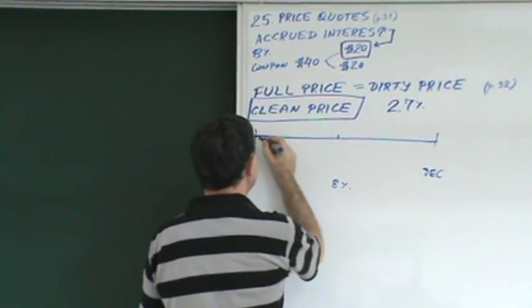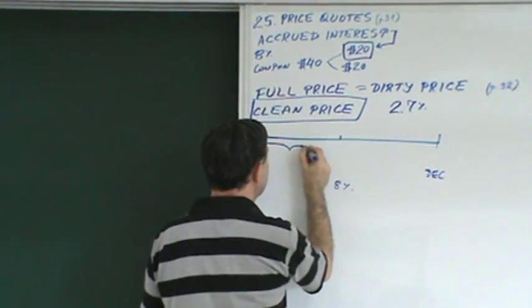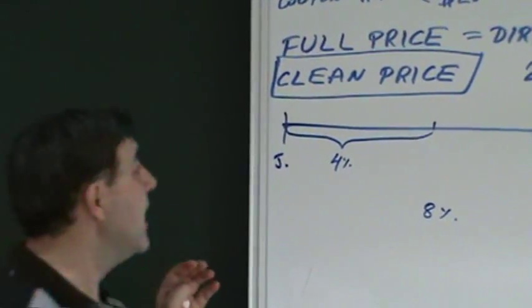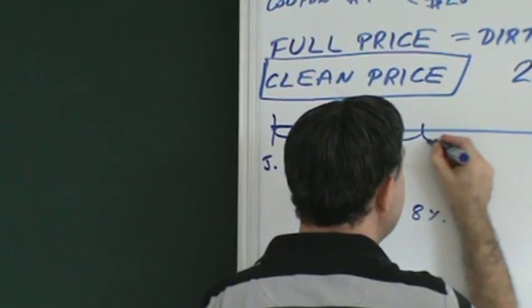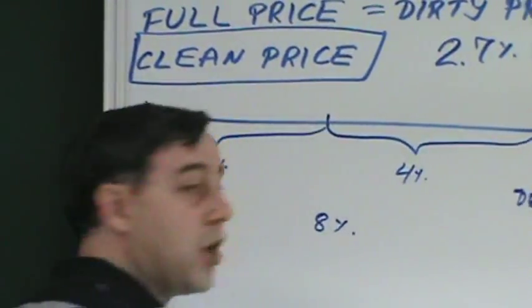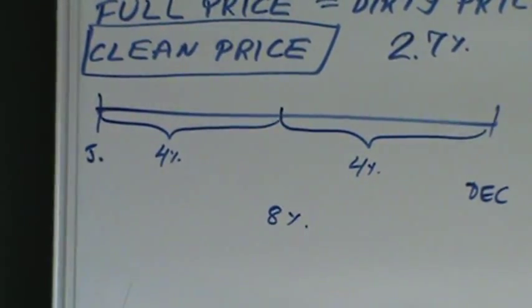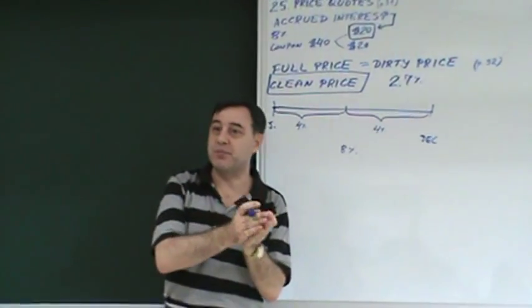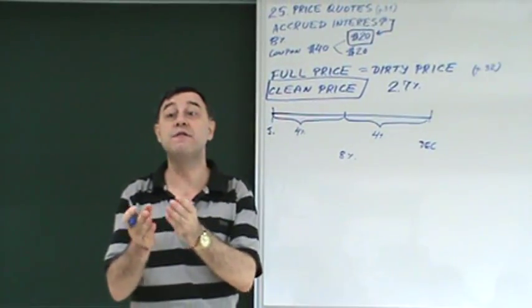So you split a year in 2, and the first half gets 4%, and then the second half gets 4%. 4% out of 1,000 principal, when you multiply 4% by 1,000, gives you 40.